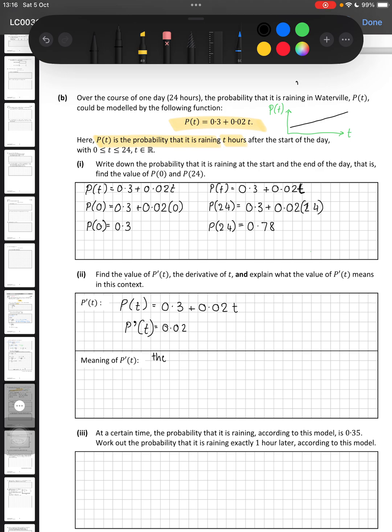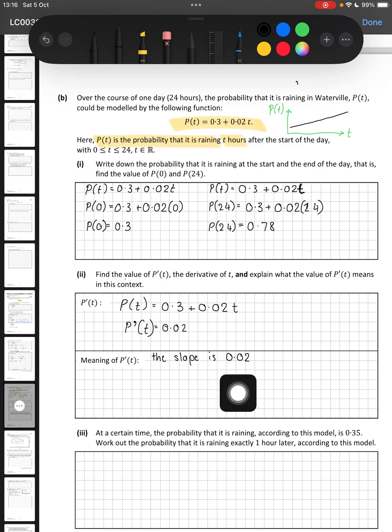The slope is 0.02. Now that's really not in this context, and that really isn't going to get me a lot of marks, if any. But I'm writing it down anyway so that I can help my brain register what it is showing me. The slope is 0.02.